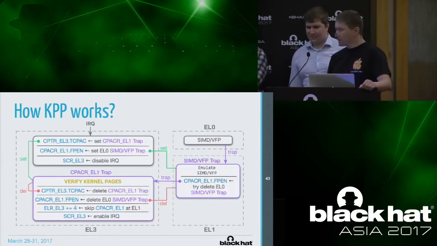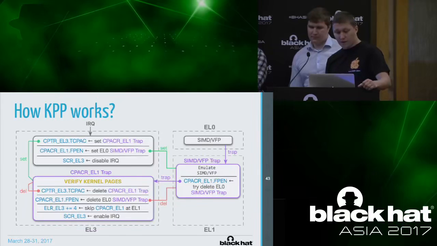Then on exception level 0, when a SIMD or floating-point instruction is executed, the trap is triggered, where the kernel is emulating the floating-point or SIMD instruction, and then it tries to remove the SIMD trap by changing the CPACR register. This triggers another trap in exception level 3.